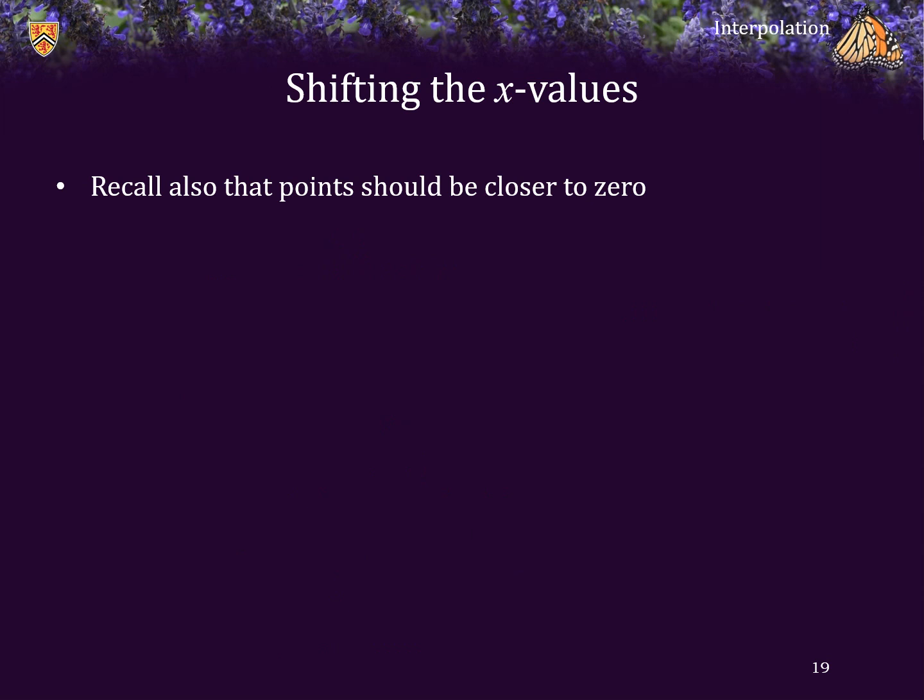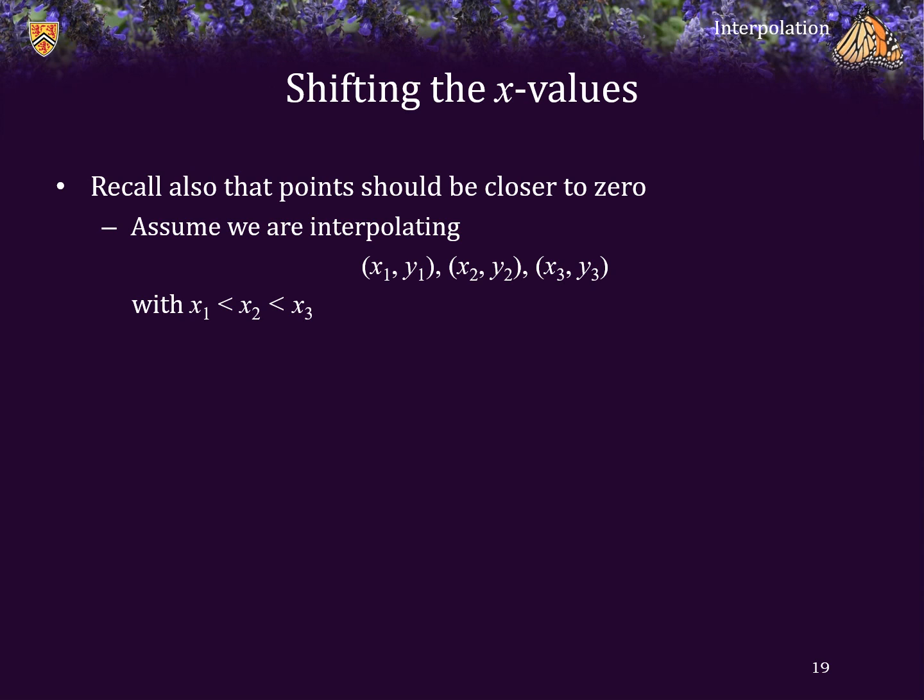All right, recall that another issue we had is that the condition number of the Vandermonde matrix tends to be smaller if the x values are smaller. Suppose we start with wanting to interpolate these 3 points, where x1 is less than x2 and x2 is less than x3.